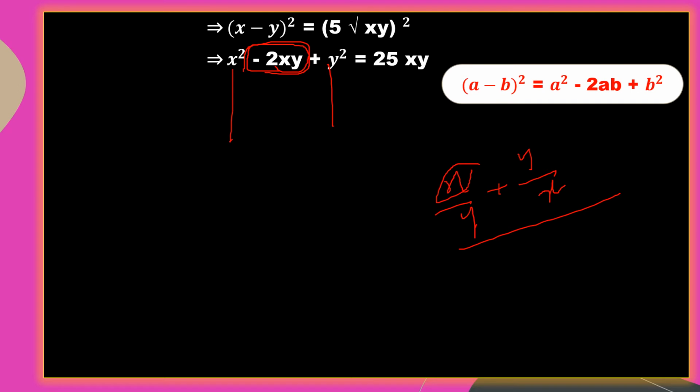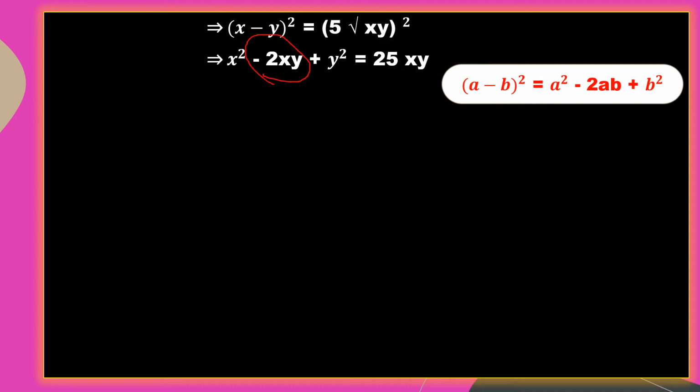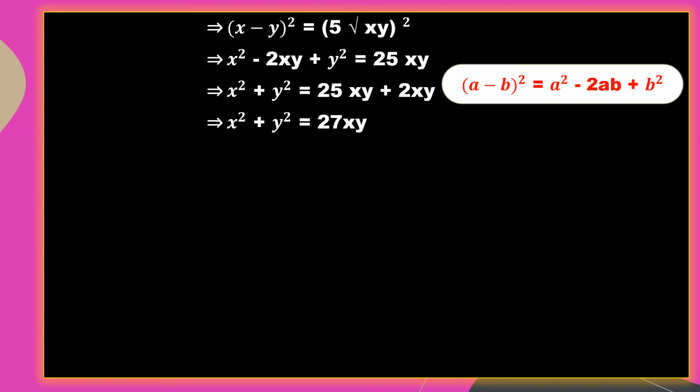Here the minus 2xy term is not there, so we'll send this minus 2xy to the right side, because minus 2xy and 25xy are like terms. So you'll get plus 2xy. So 25 plus 2 is 27xy. We can add these two because these are like terms.